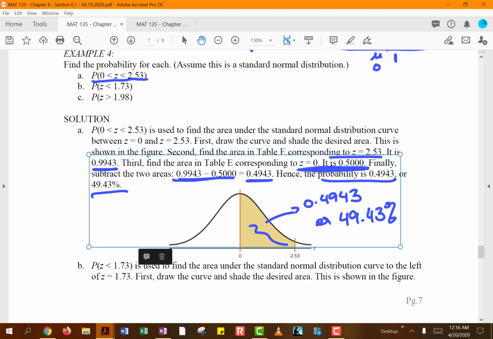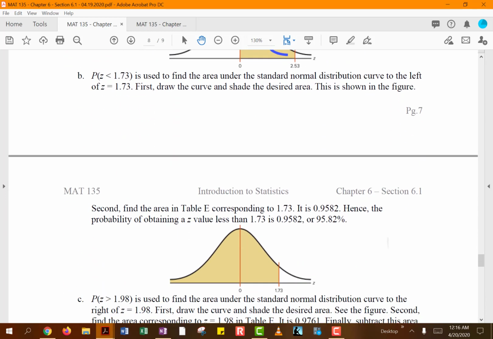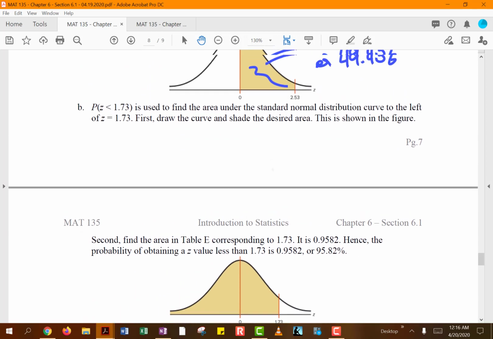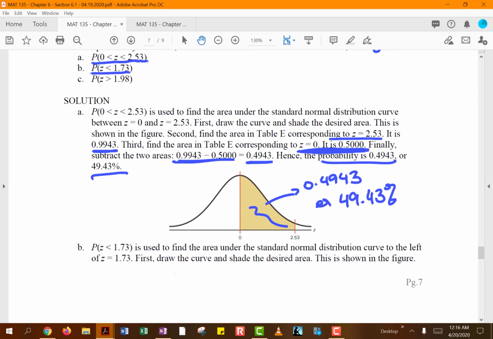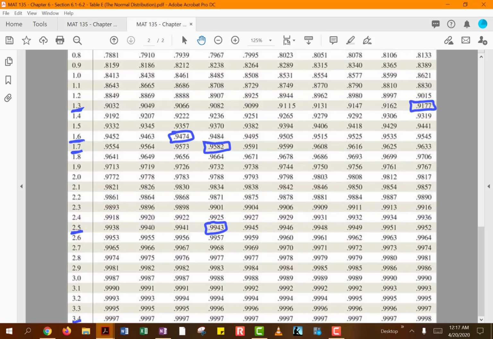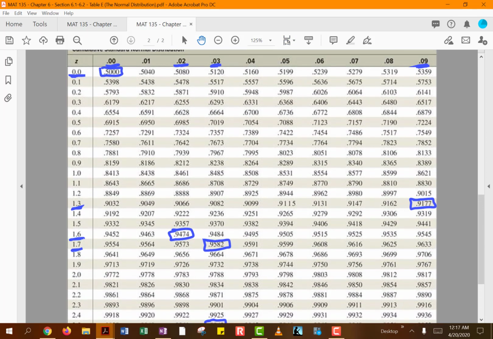Okay? For part B, they are asking us to find the probability that our z-score will be less than 1.73. So of course the first thing you want to do is go ahead and draw your curve and shade your area. So this is kind of what our diagram would end up looking like. And then let's go to the table and find our probability or area for less than 1.73. So we need to find 1.7 and we need to find 0.3.